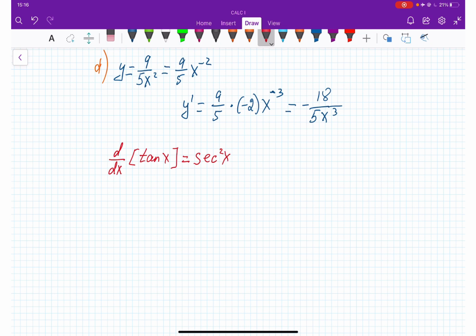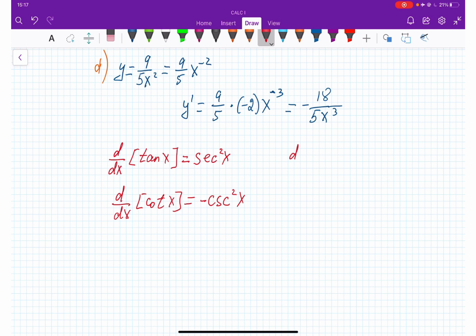Okay? Derivative of cotangent is going to be equal to negative cosecant square x.